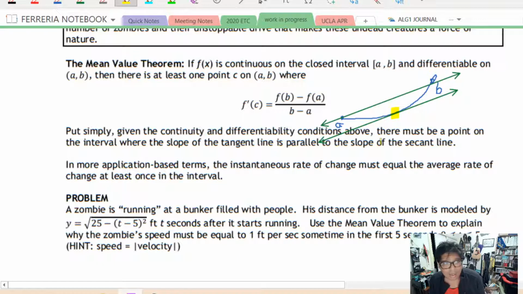And as long as these conditions are met, as long as we have continuous on the closed interval, differentiable on the open interval, then we're guaranteed that this has to be true at least one time, possibly more. So that's what our mean value theorem says to us. There has to be a place where the slope of the tangent line is equal to the slope of the secant line.